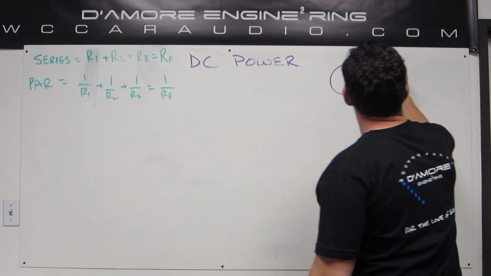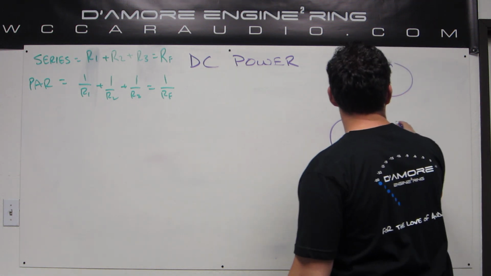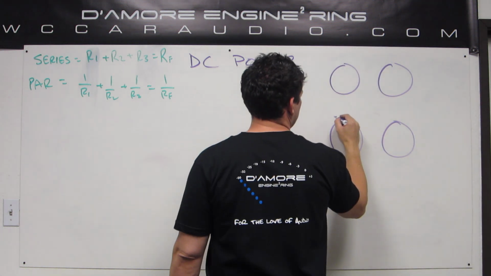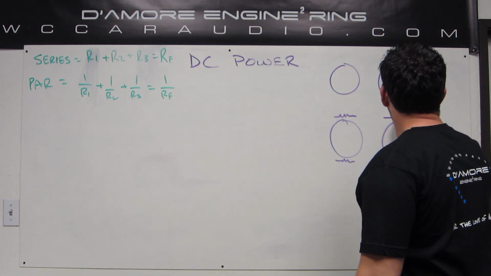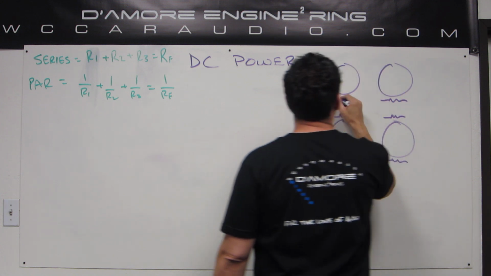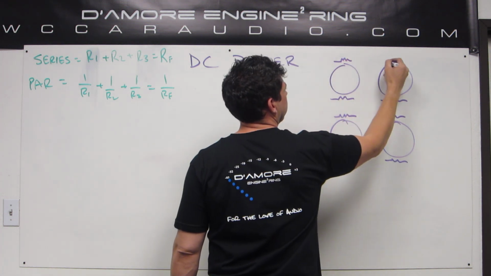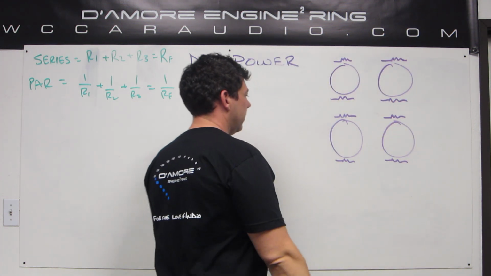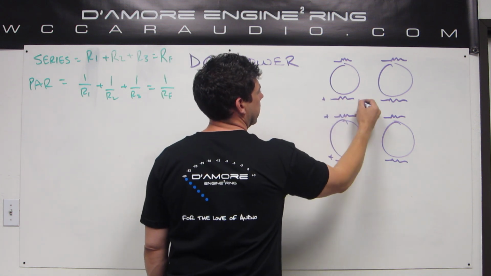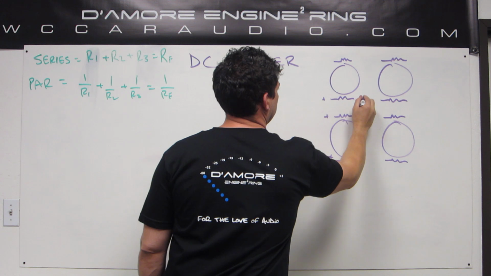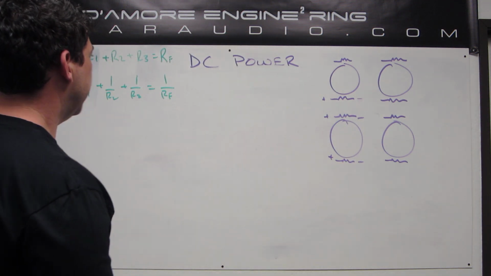So I'm just going to draw the 4 speakers here, and each one of these has a 4 ohm load. Drawing them as 4 ohm resistors here. Those would be like the terminals on the speakers. Okay, so what would that circuit look like?